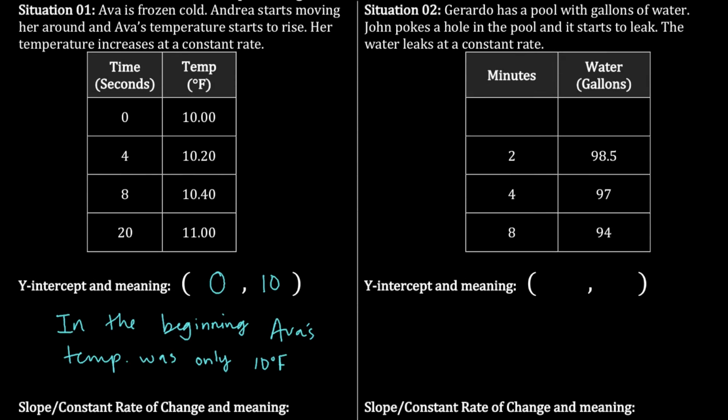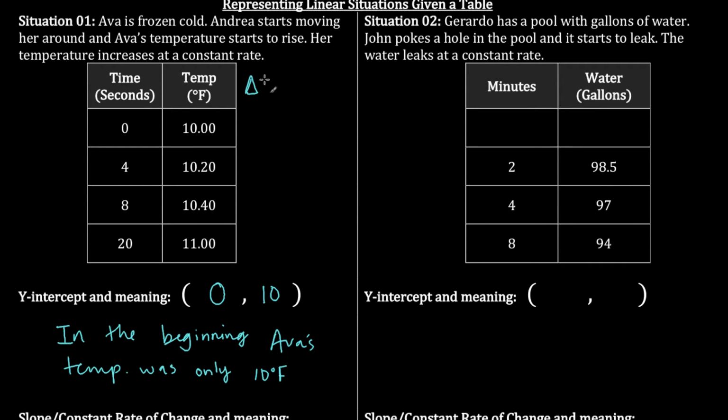Let's figure out the slope. So the change in temperature over the change in time, and I don't want double T, so I would put S for seconds. We are trying to figure out how the temperature changes according to the change in time in seconds. So let's pretend I didn't know how to get from 10 degrees to 10.20 degrees.